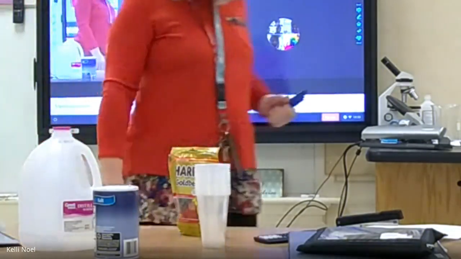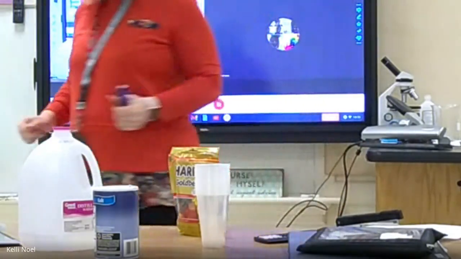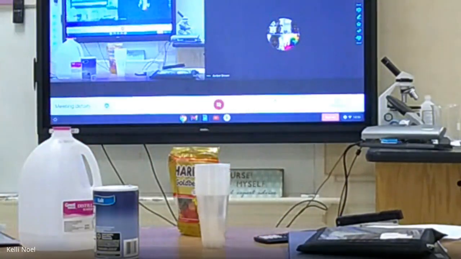Let me look at the directions first to make sure I'm doing this right. So we have plastic cup, tap water, distilled water. All right, so for today, we need tap water and distilled water. You're going to measure the mass of each gummy and record it in the table.